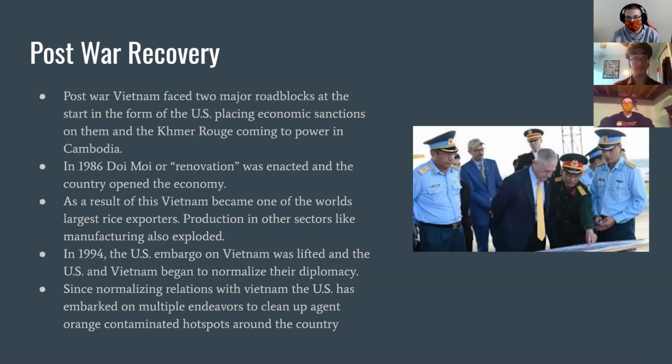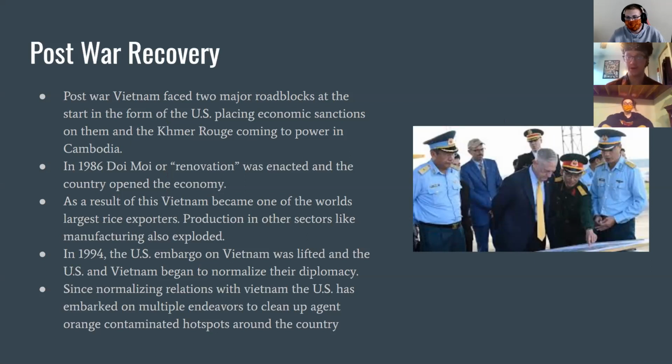In 1994, the US embargo on Vietnam was lifted, and the US and Vietnam began to normalize their diplomacy at that point. Since normalizing relations with Vietnam, the US has embarked on multiple endeavors to clean up the Agent Orange contaminated hotspots around the country.